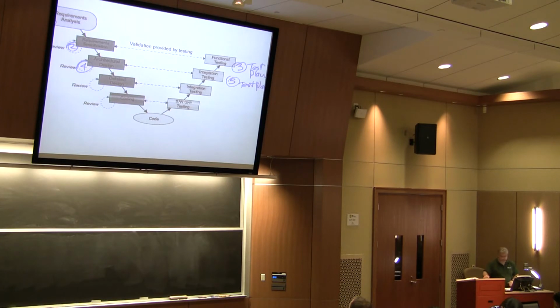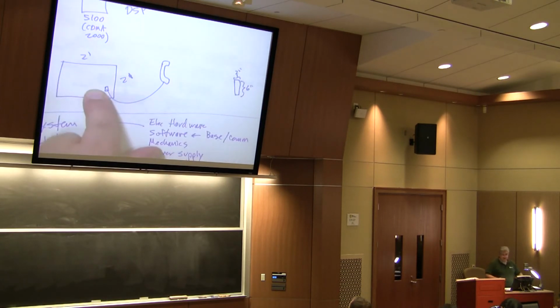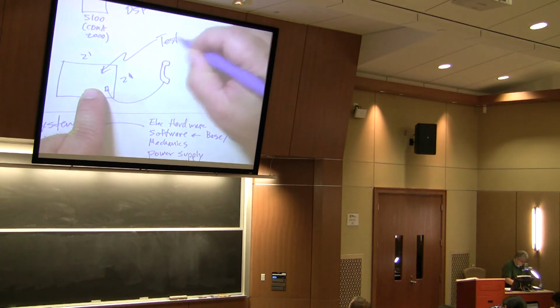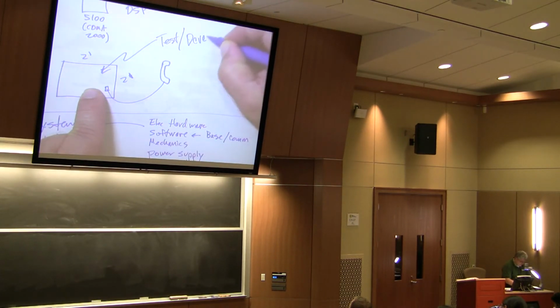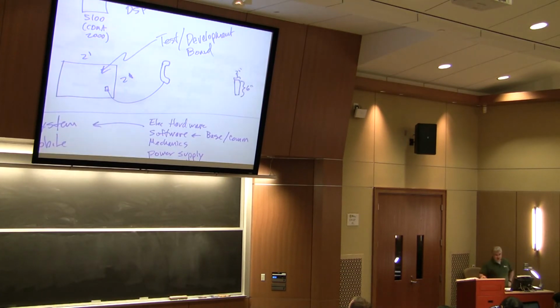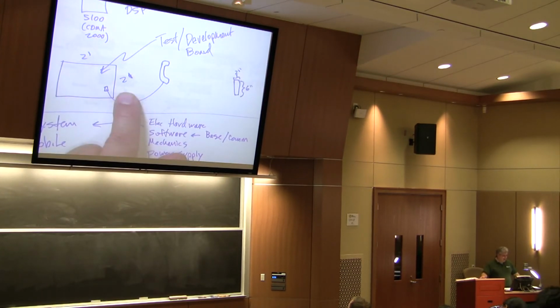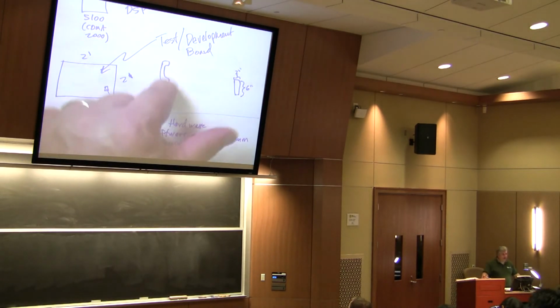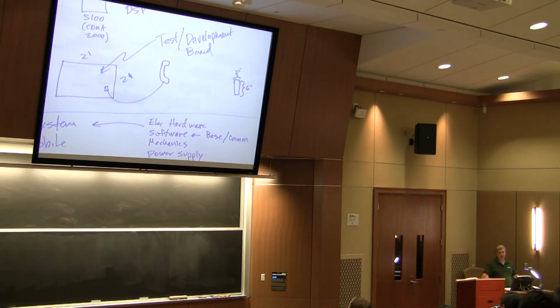Remember that example I showed you earlier, this test station? This was a test development board. Did it look like it had a nice small form factor? No. But it had the functionality that you'd be able to test your software.